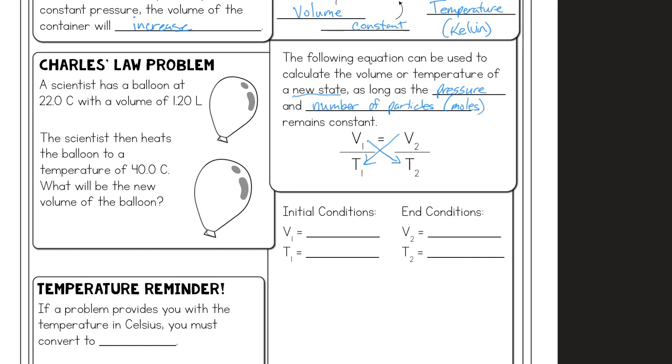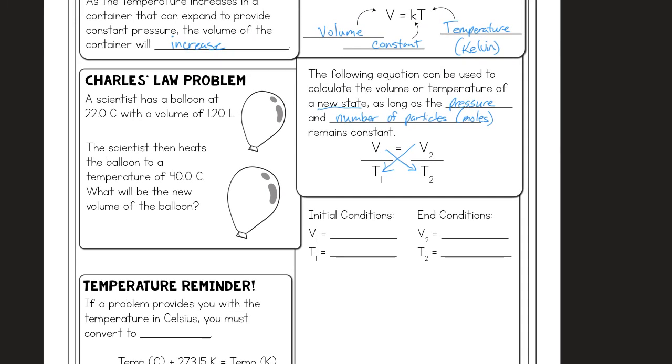So volume 1 is 1.20 liters. Temperature 1 is 22.0 degrees Celsius plus 273, and that's going to give us an initial temperature of 295 Kelvin.